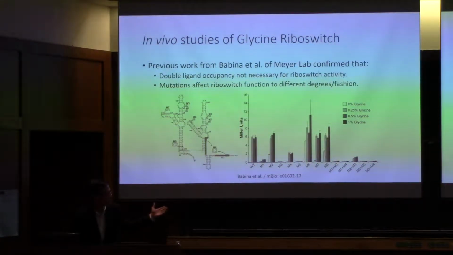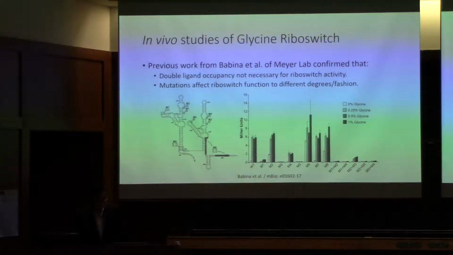If you look at this bar graph, the leftmost group of columns are the wild type, and the rest are mutations. It is evident here that the mutations carry different weight when it comes to riboswitch function. Some eliminate the function altogether, while in others you can see elevated function.